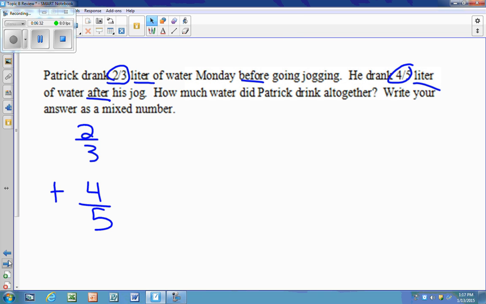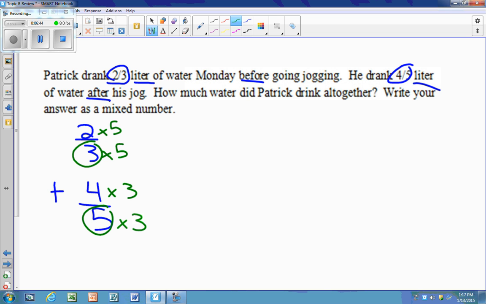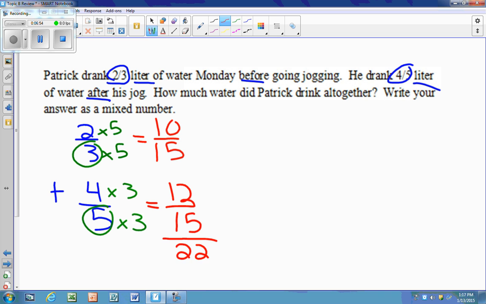For the common denominator, I can multiply this by 5 and this by 3, because we're multiplying the two denominators together. That gives me 10/15 and 12/15. And when I add them together, I end up with 22/15, which I then need to turn into a mixed number of 1 and 7/15 liters.